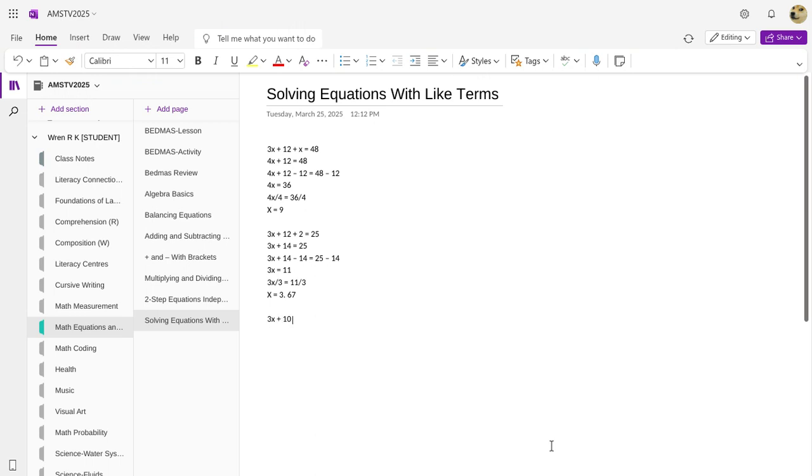We're going to add them together because they're on this side and the equal side. So we would have 5x. Then I would need to take the x away from this side and bring it over here.